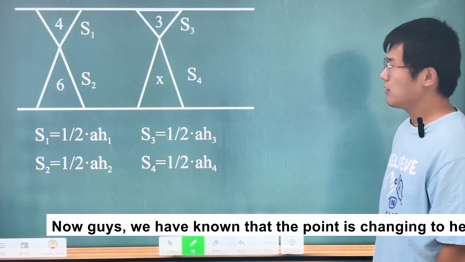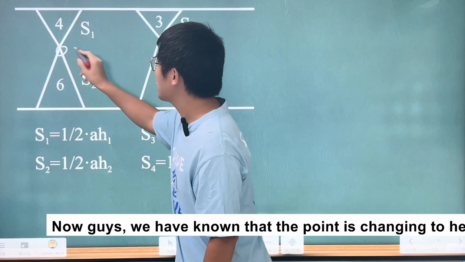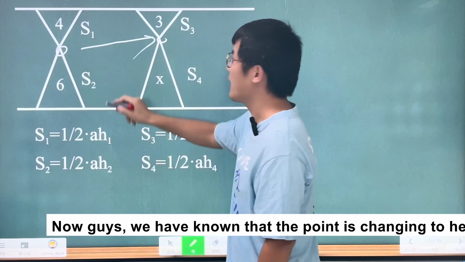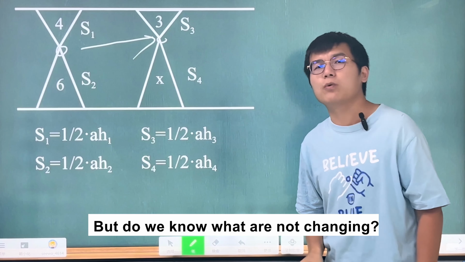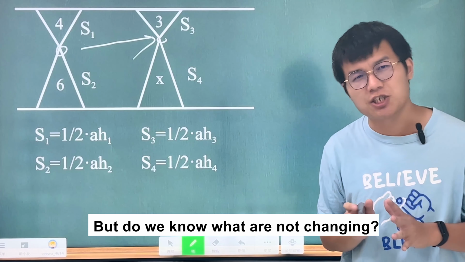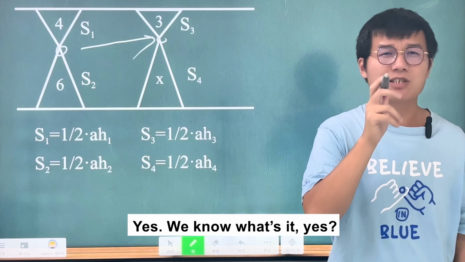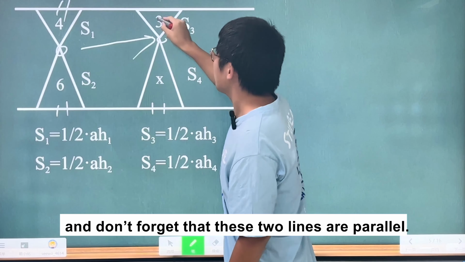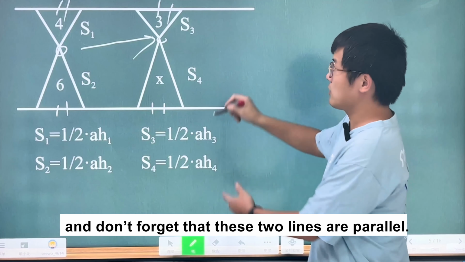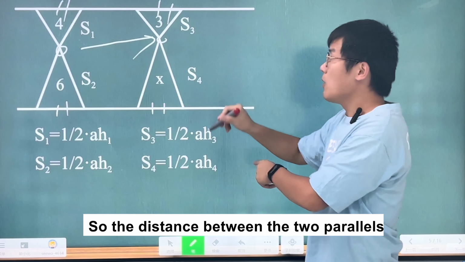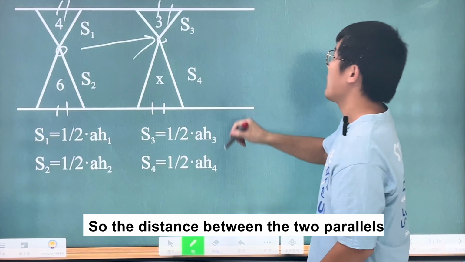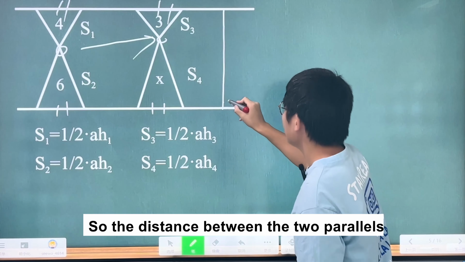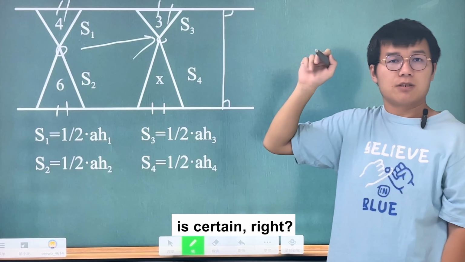Now, guys, we have known that the point is changing to here. But do we know what are not changing? Yes, we know. What's it? Yes. The bases are not changing, and don't forget that these 2 lines are parallel. So the distance between the 2 parallels is certain, right?